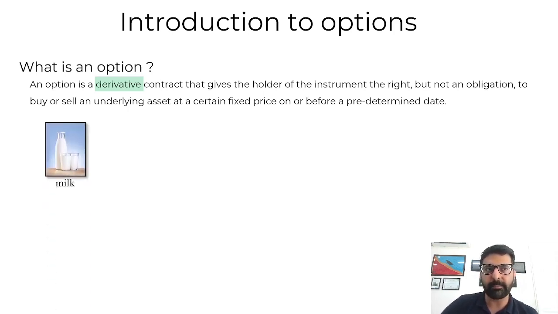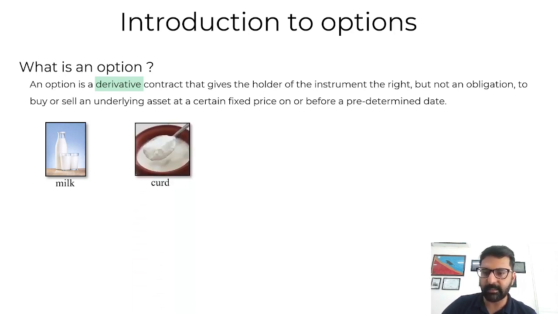So derivative is something which is derived from an underlying, right? So for example, in this case, milk being the underlying and curd being the derivative. So curd can be derived from milk, right? So you do some processing and with the milk you are able to get the curd, right?